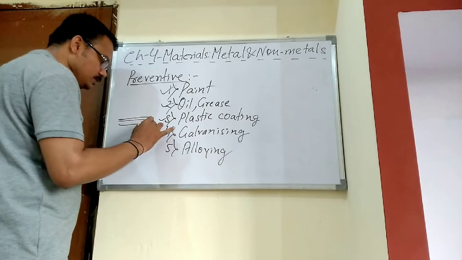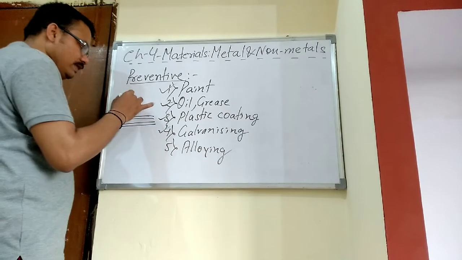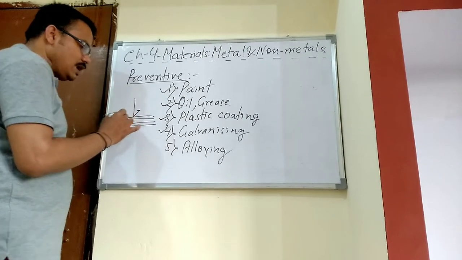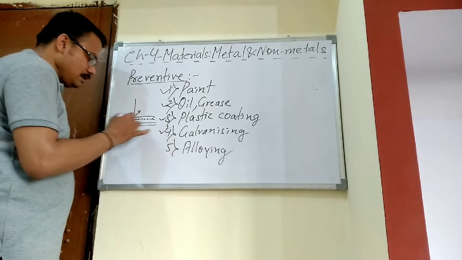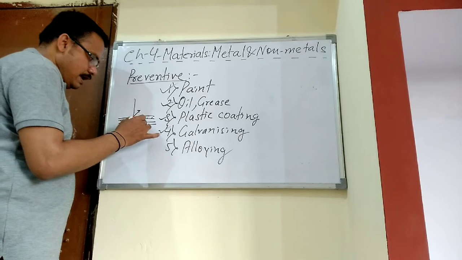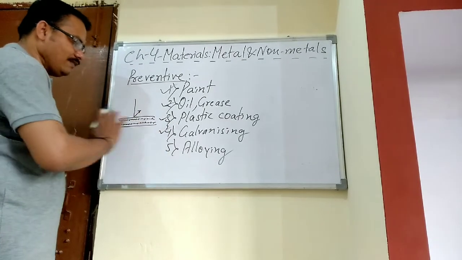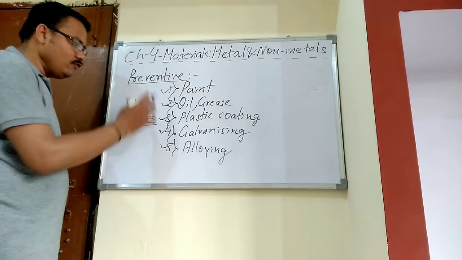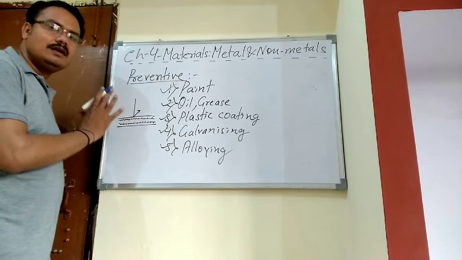Suppose this is an iron object, students; a protective layer will surround it, and when moist air touches it, no reaction happens because it cannot touch the iron, since the iron is inside. Whether plastic coating, oiling, greasing, galvanizing or alloying, if you apply these methods, we can save iron from rusting.